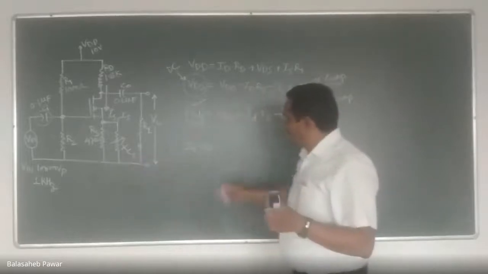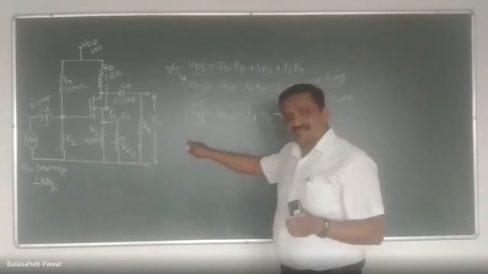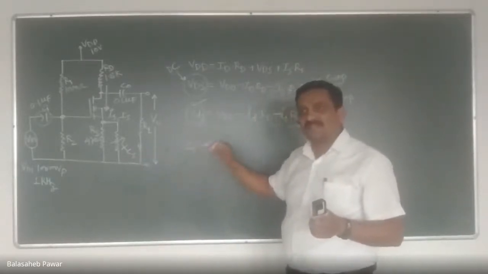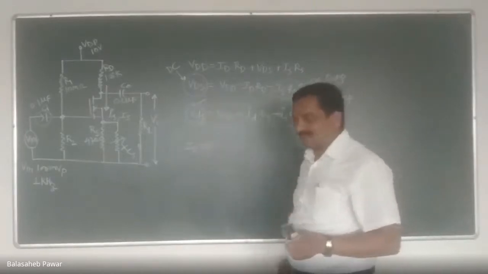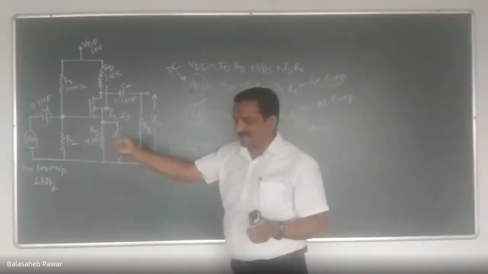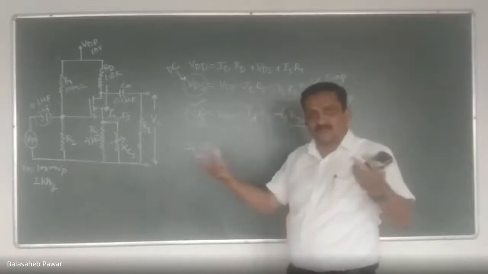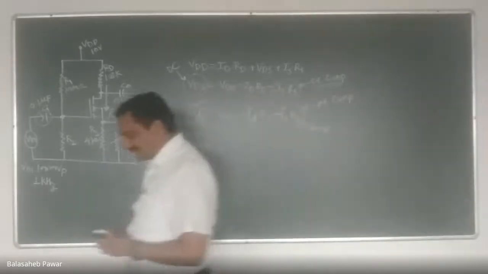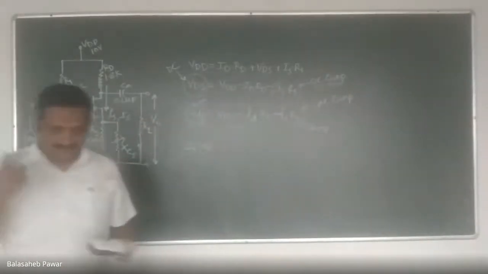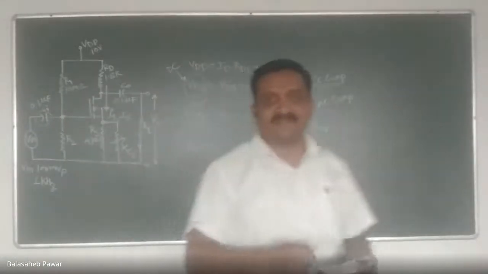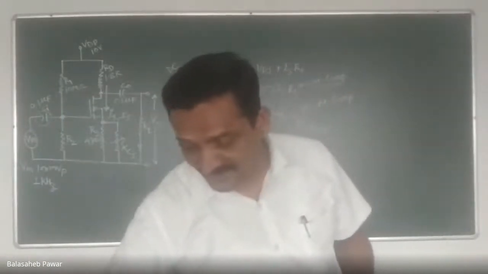So my question is, if it is capital Is, that means the DC component, which path will it follow? Either through the capacitor or through the resistor? Resistor. Okay, very nice.